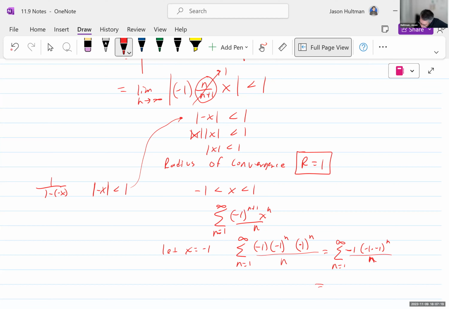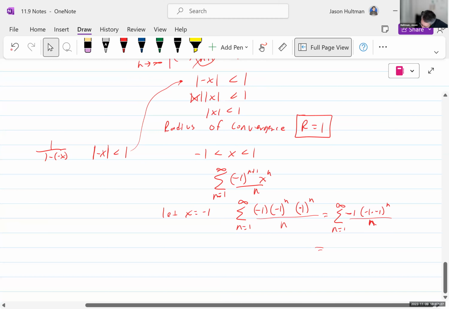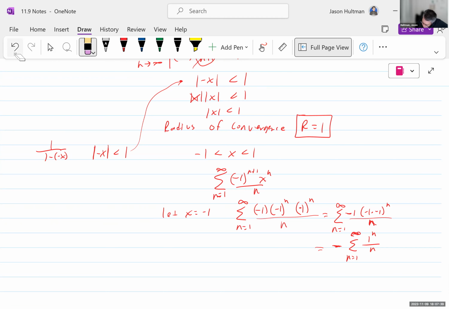This thing here just becomes 1 to the nth power. Again, I'll try not to skip steps. So this is -1, and I'm going to bring that negative outside. This is 1 to the nth power over n, as n equals 1 to infinity. And 1 to the nth is just 1, so this is 1 over n.